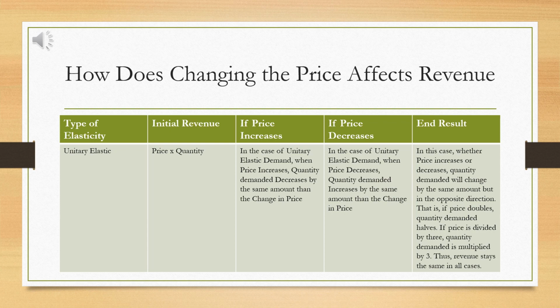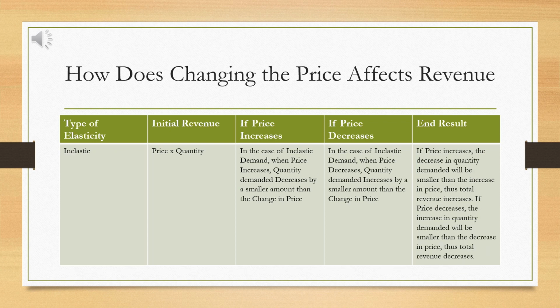In this case, whether price increases or decreases, quantity demanded will change by the same amount but in the opposite direction. That is, if price is doubled, quantity demanded halves. If price is divided by 3, quantity demanded is multiplied by 3. Thus, revenue stays the same in all cases.